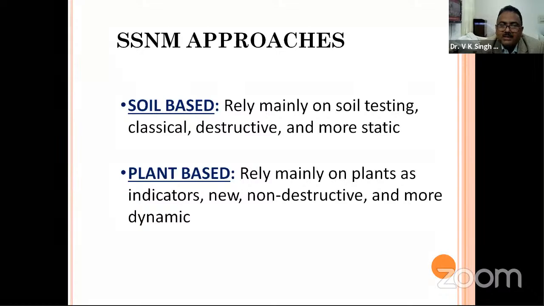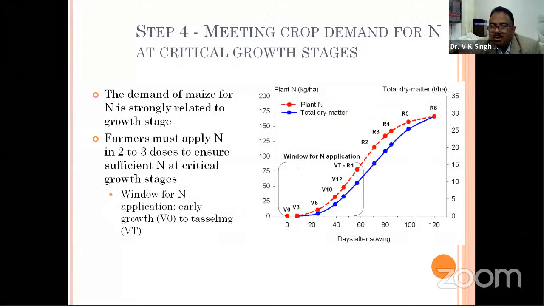So that's why soil-based or plant-based approaches directly could not get much attention among the clientele, among the farmers. That's why the SSNM approach is the hybrid approach, that is plant-based as well as soil-based. That we are now popularizing, or we are working on it.